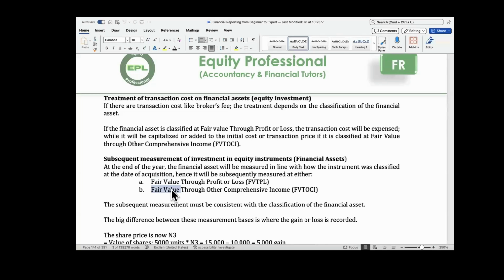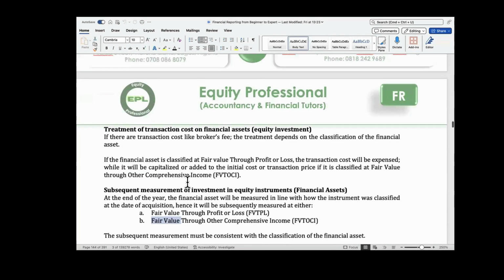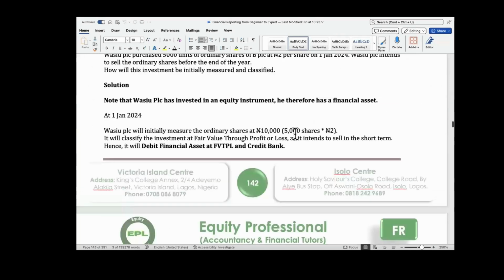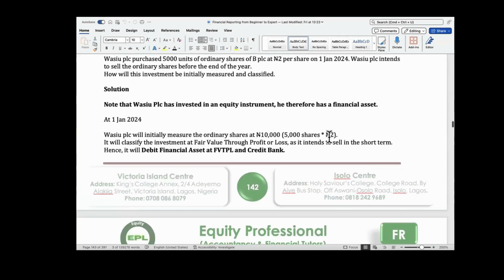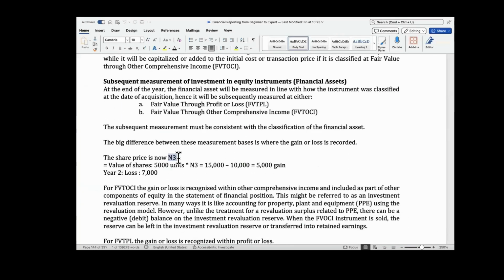So now, when we say fair value through POL, consider this example I gave you, where you bought shares for 2 naira. Let's assume at the end of the year, the share price rose to 3 naira. It means the value of the shares is now 5,000 times 3, which is 15,000. And don't forget, at the beginning of the year, the value of the shares was 10,000 because the price was 2 naira.